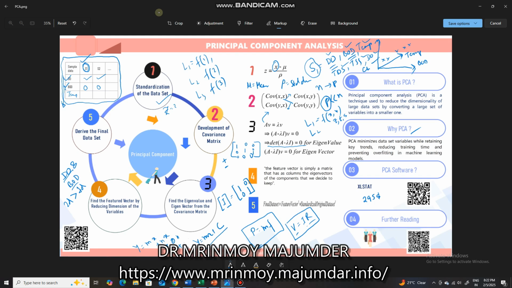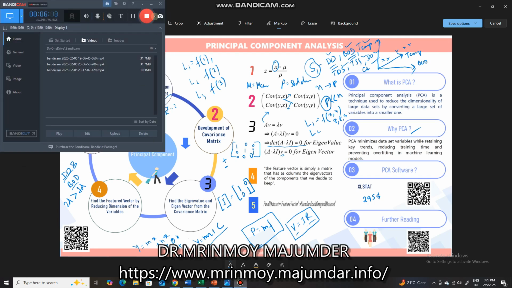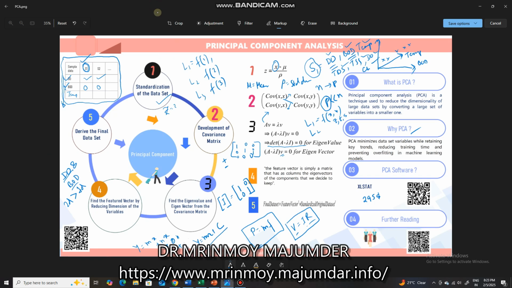And if you solve A minus lambda I times V equals 0, where V is the eigenvector, then you can find the eigenvector. You can refer to any mathematical book to know how to find the eigenvalue and eigenvector, because describing this is not in our scope.